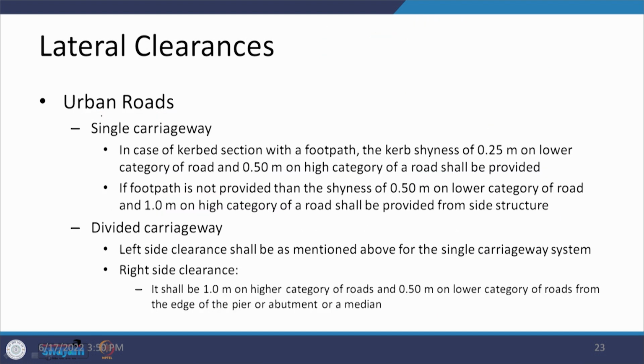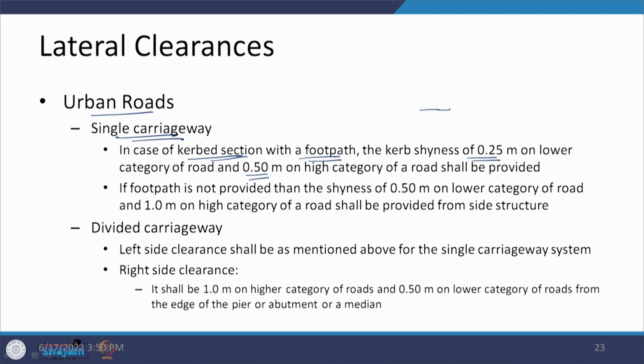In the case of urban roads for a single carriageway, again we can see a curbed section versus a non-curbed section. For the curbed section with the footpath, a curb shyness of 0.25 meter is used on the lower category of roads and 0.5 meter on a higher category of roads.